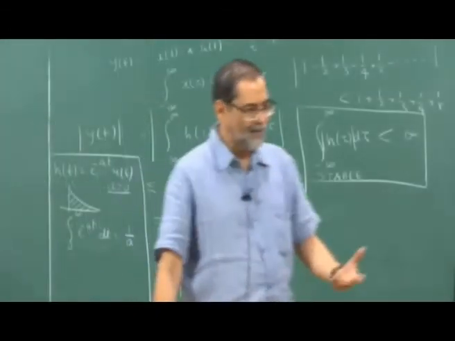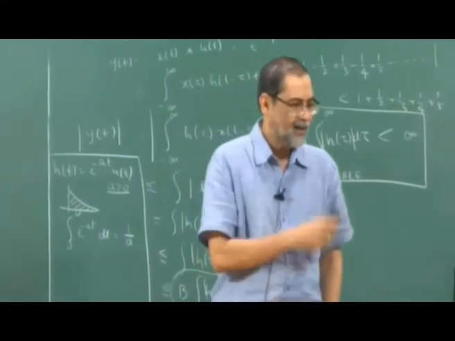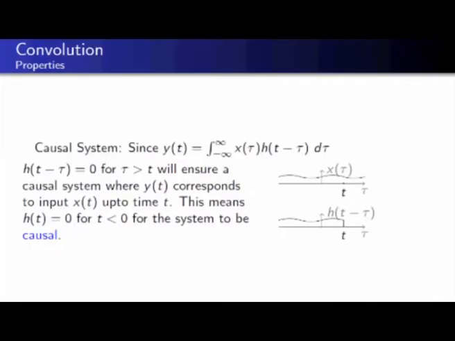Then let me continue with my impulse response study. I will now look at, given h of t, what can you say about causality? Can you determine just by looking at h of t whether the system is causal or not?